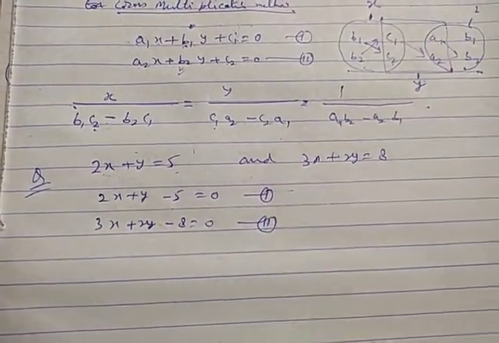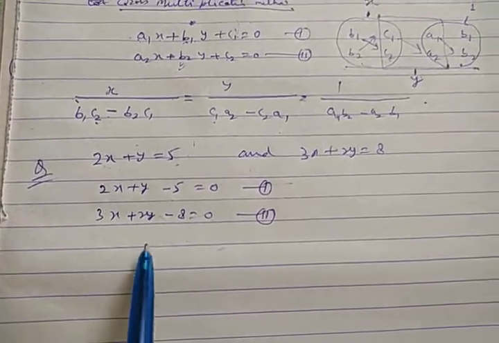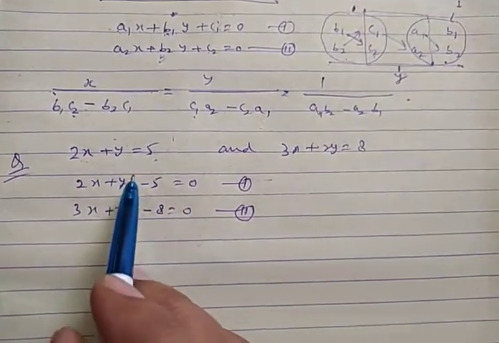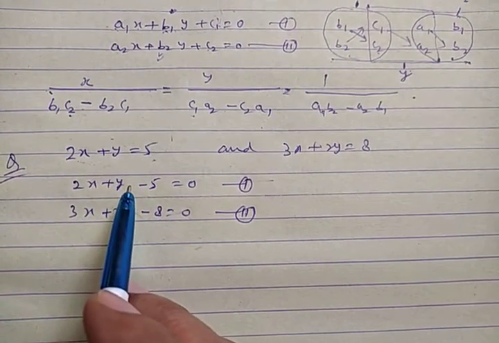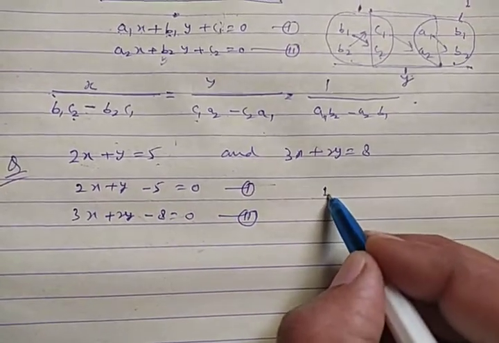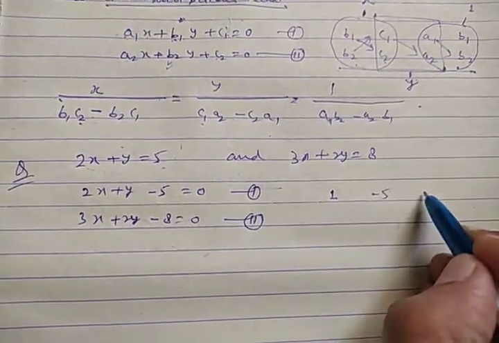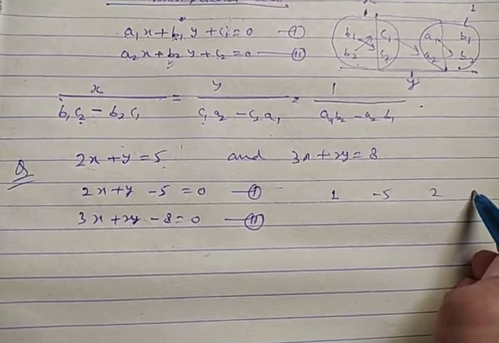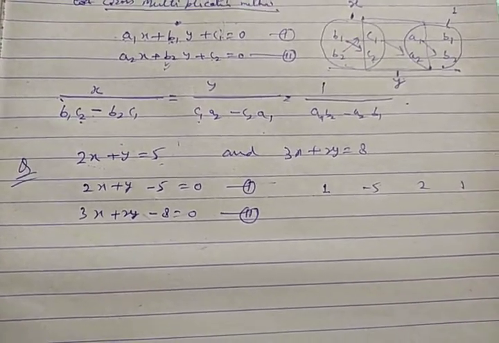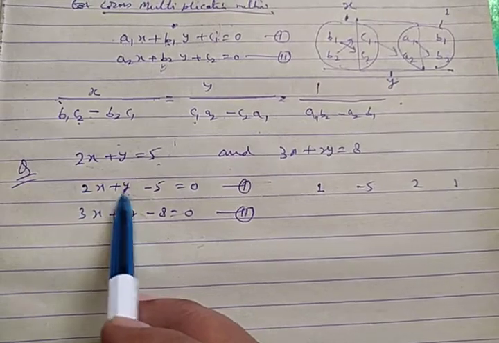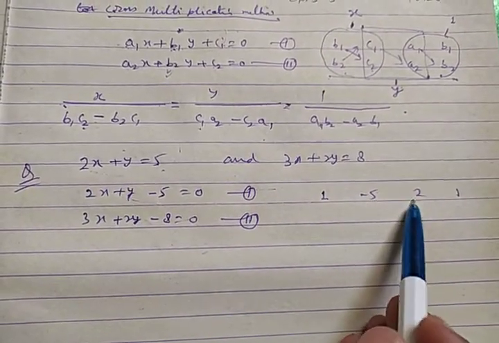This is equation 2. Now equation matching with the format, rewrite the coefficients. In this, coefficient of y is 1, then you rewrite 1, then the constant term, that is minus 5, 2 and again 1. I have started from here and taken one circle complete like this: 1, minus 5, 2 and 1.